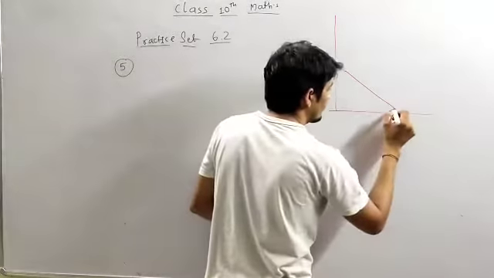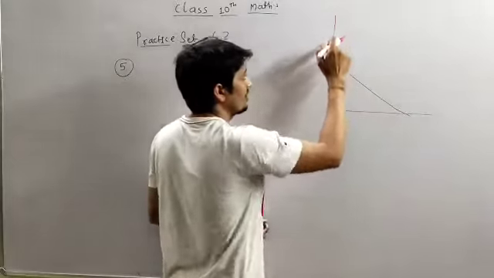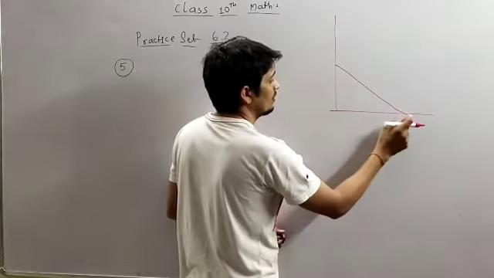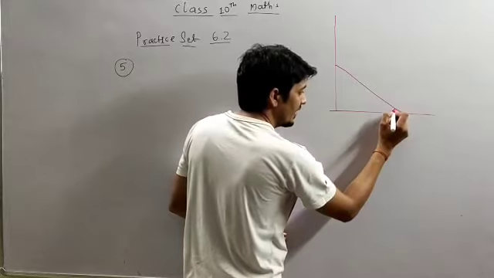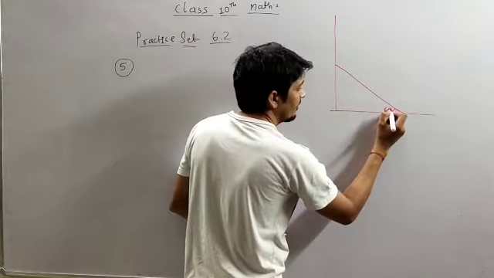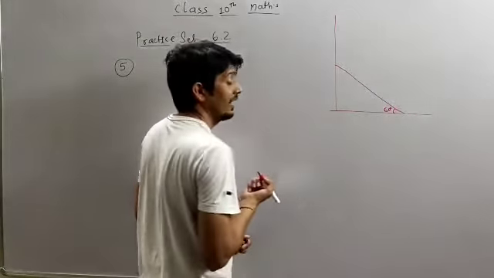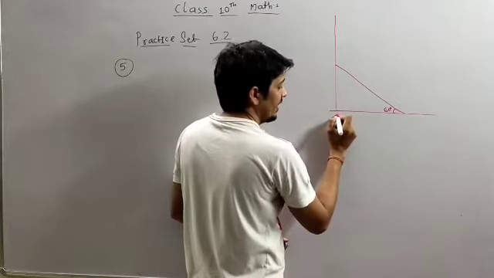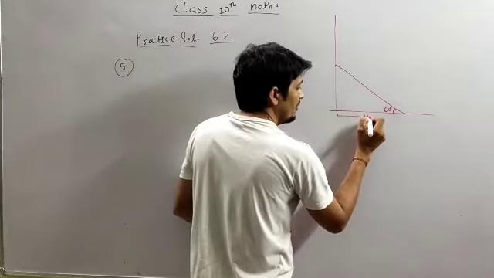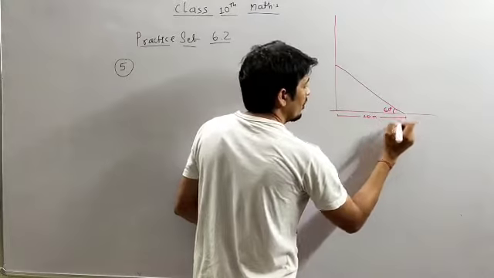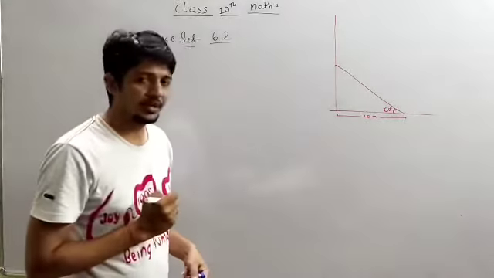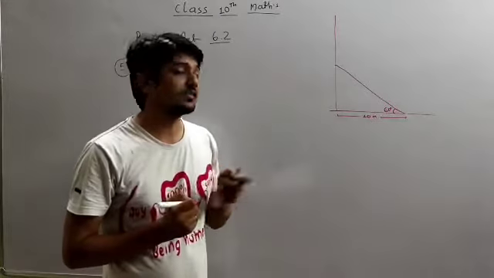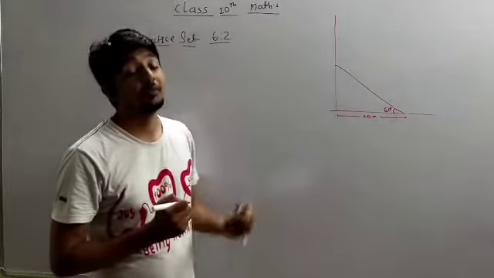This top region of the plant falls down on the ground and makes an angle of 60 degree. And the top of the tree is 20 meter away from its bottom. Then we have to find out the height of the tree.